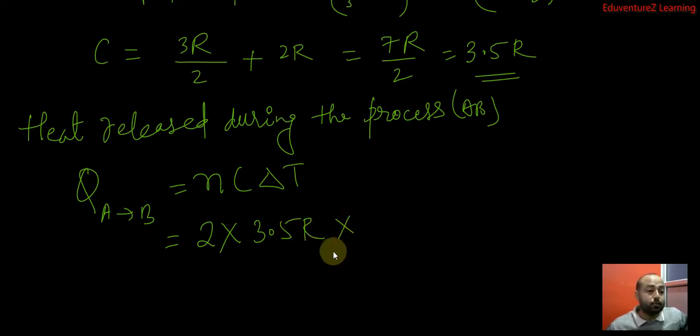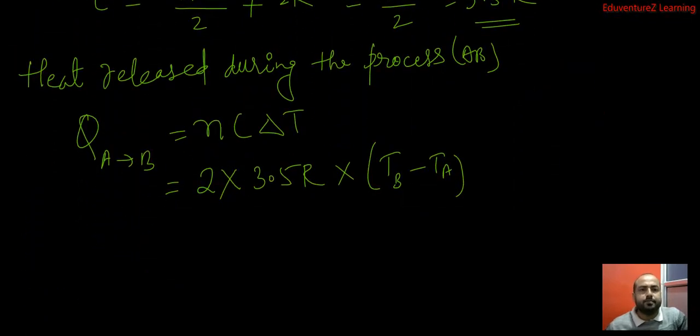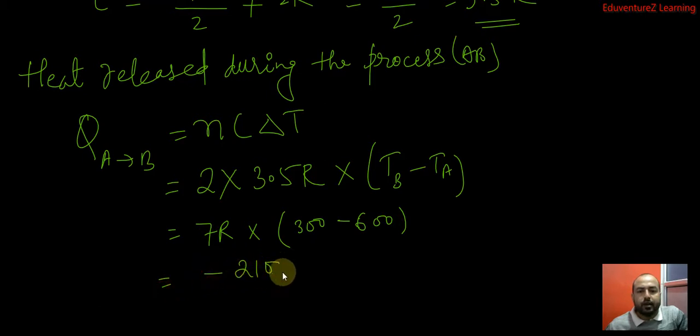Delta T is the change in temperature from A to B, so temperature at B minus temperature at A, because it should be final minus initial. At B the temperature is 300 and at A the temperature is 600. So we write 2 into 3.5, which is 7R, into 300 Kelvin minus 600 Kelvin. So this is minus 2100 R.